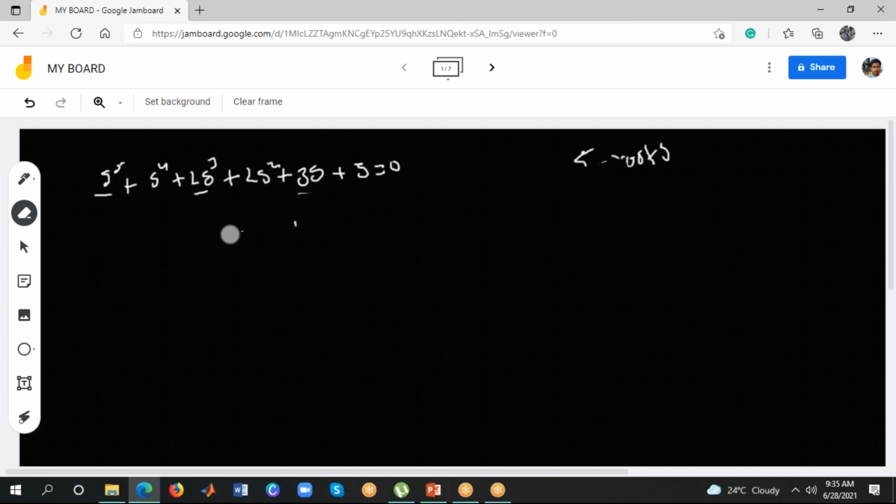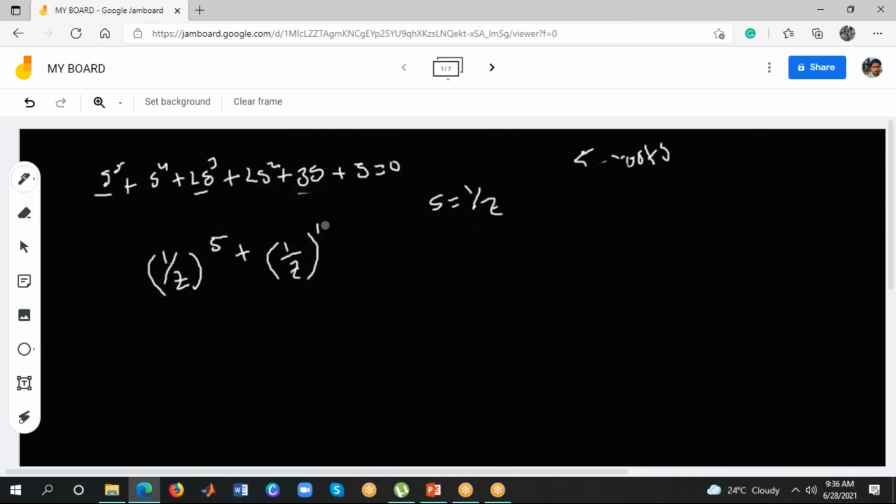So this is the second method I'm going to be teaching now. In the second method, what you are going to do is just replace s with 1 by z. So in this particular equation, put 1 by z in place of s. The first element is 1 by z power 5, plus 1 by z power 4.